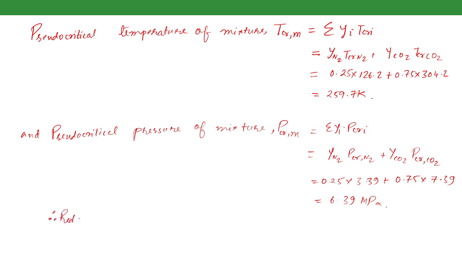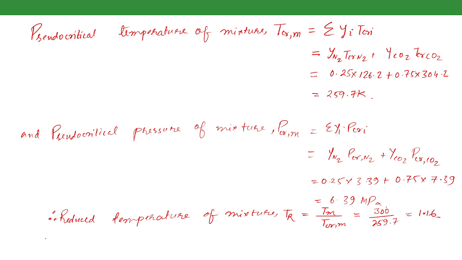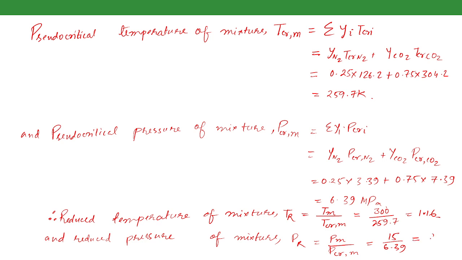Therefore, the reduced temperature of the mixture is equal to Tm by T critical M, that is 300 by 259.7, which is 1.16, and the reduced pressure of the mixture PR, that is Pm by P critical M, 15 by 6.39, so that will be 2.35.